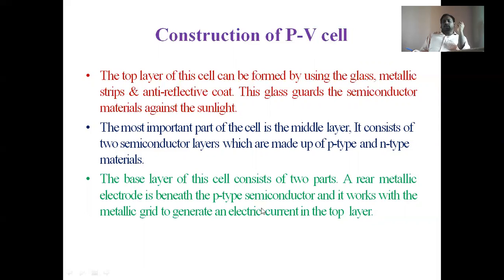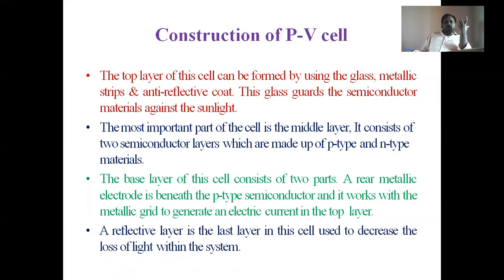That means simply, here in this layer, the first part is the electrode for the P-type semiconductor, and it also works with the metallic grid to generate electric current in the top layer.